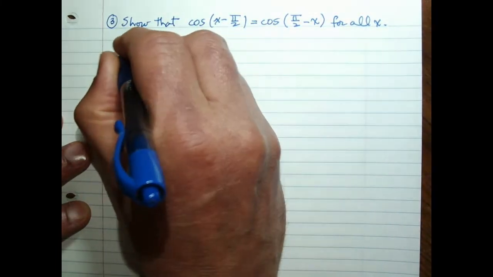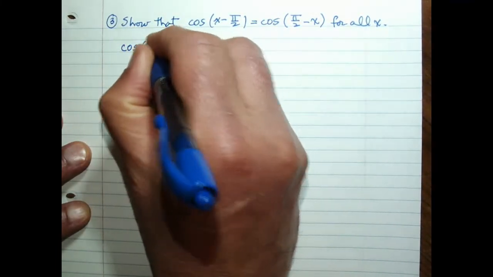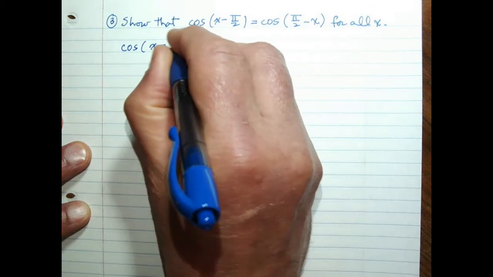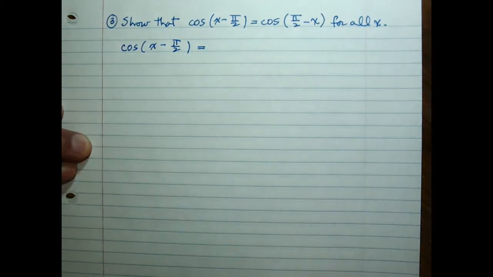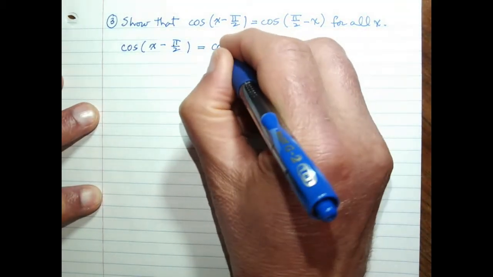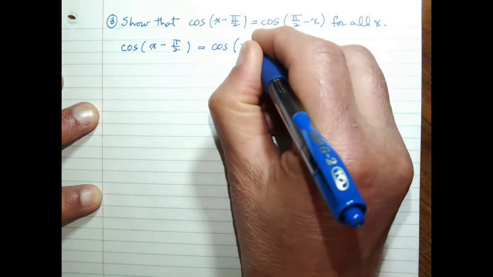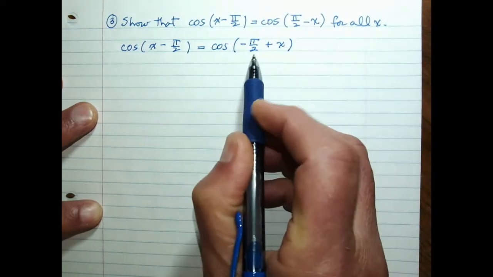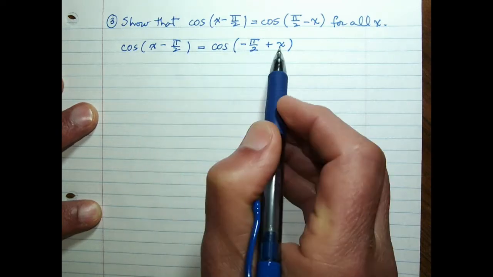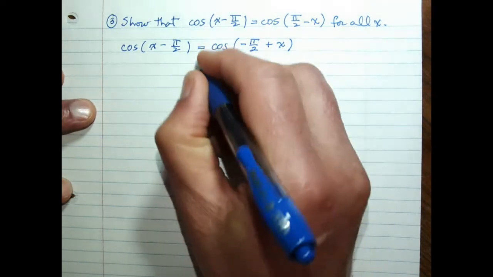And let's see why. Cosine of x minus pi over 2 is equal to, I'm just going to rearrange, I'm going to rewrite that as cosine of minus pi over 2 plus x. So that's nothing tricky. I just put the negative term first, positive second.